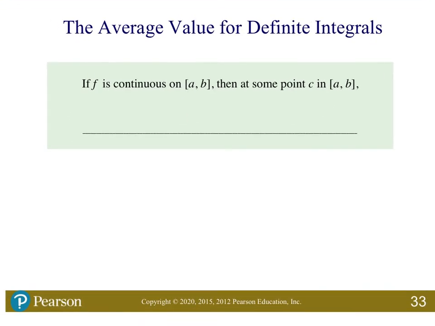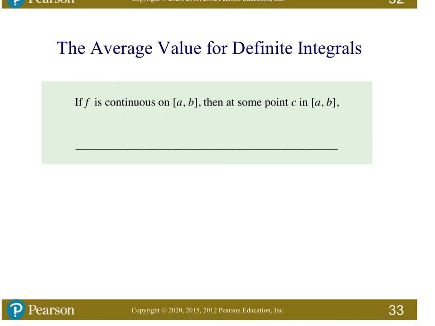All right, so the average value theorem says if this is continuous, then at some point c, it is true that b minus a times f of c is equal to the integral from a to b of f of x dx.